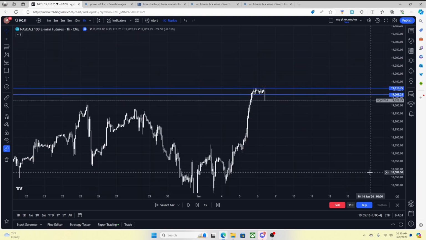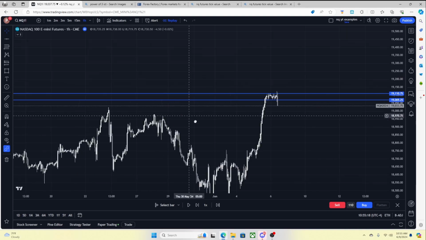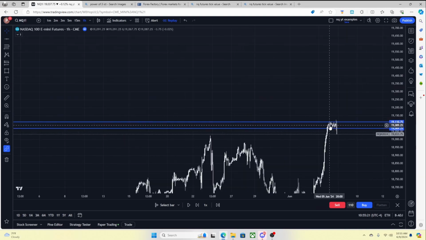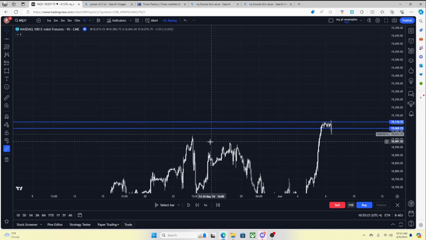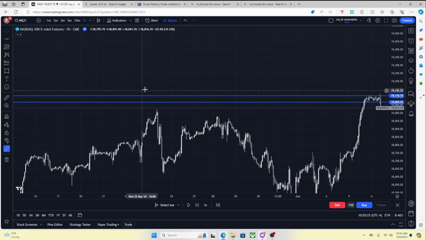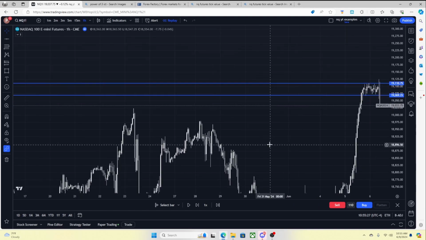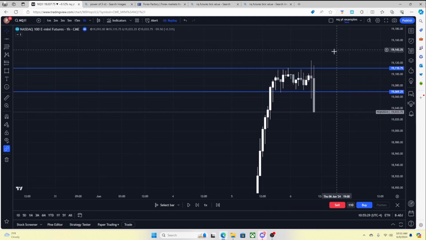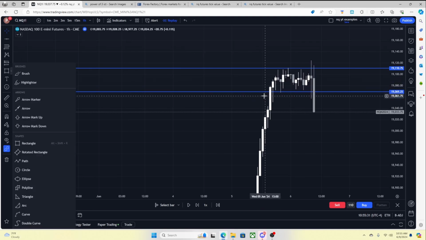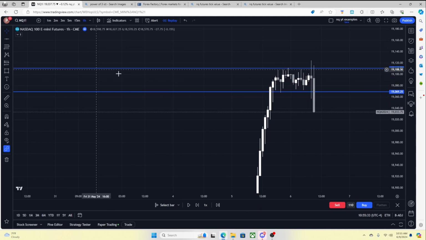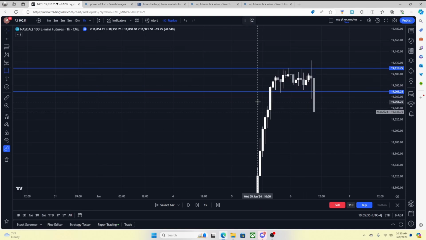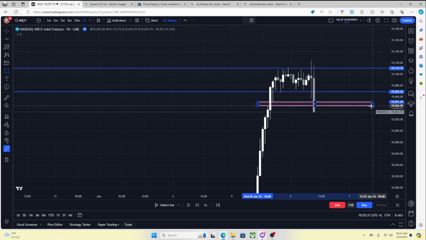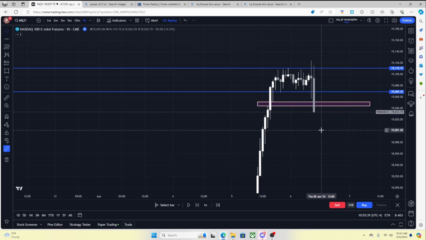If you're looking on the higher time frame here, on Thursday we broke all-time highs, so we have nothing. There's nothing that's ever been up here. I mean, we have a little fair value gap here that could be potential, but if you look on the hourly, we already broke through that.